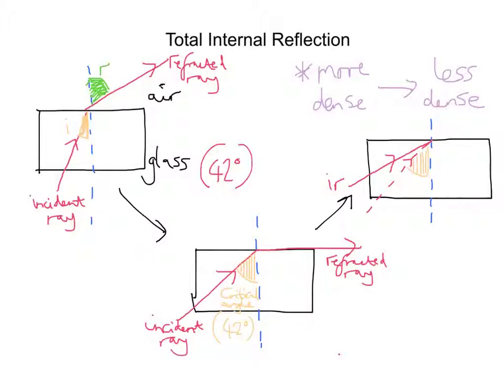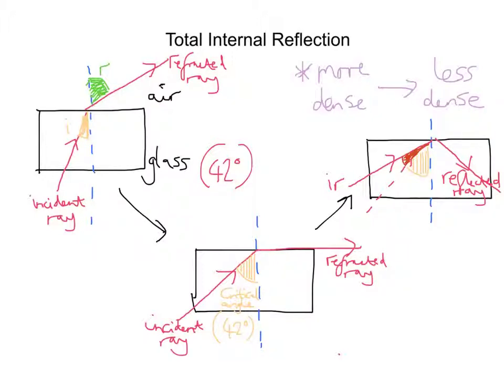But now in a slightly darker colour, I'll colour in this portion here, because that bit in red that I've just coloured in, that's how much over the critical angle we are. So we're over that 42 degrees. And then what we get as a result is this time a reflected ray. And this, therefore, is total internal reflection.